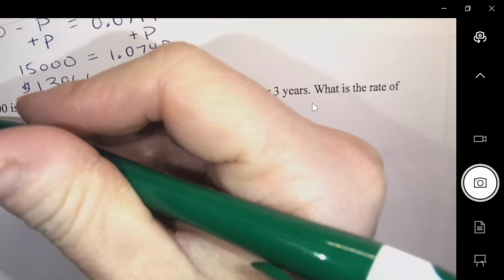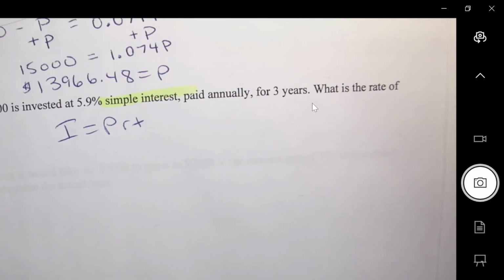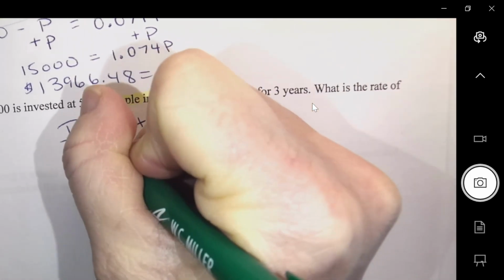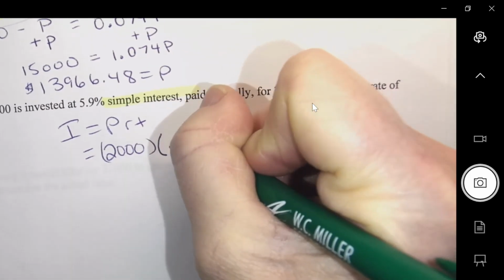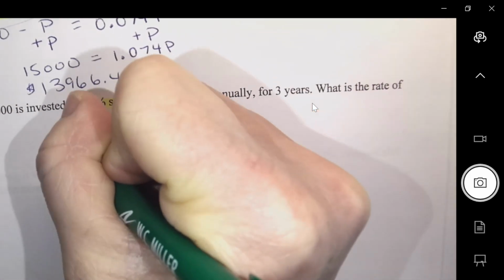As soon as I read it, I equals PRT. What is the rate of return? So we invested 2,000, 5.9% for 3 years.